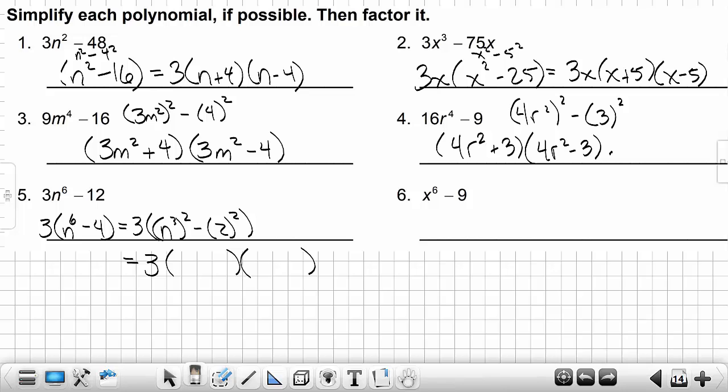B is 2. So now I factor using difference of two squares, which is A plus B. So what will I write? Just 2. Because B is 2. It's A plus B times A minus B. Yeah. There we go.